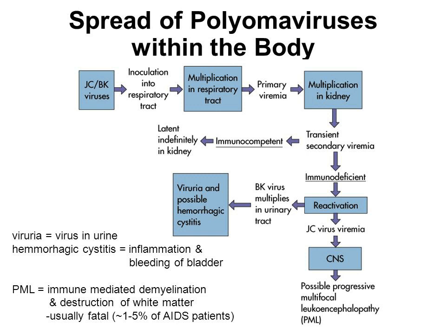And again, this BK is especially a problem for individuals who have received kidney transplants, because they're going to be taking immunosuppressive drugs, and the transplanted kidney is a perfect target for BK virus.